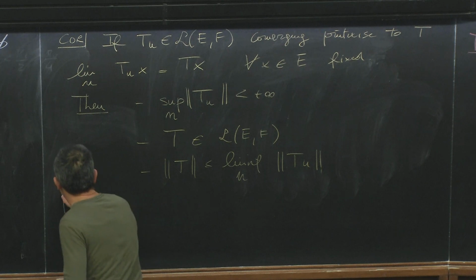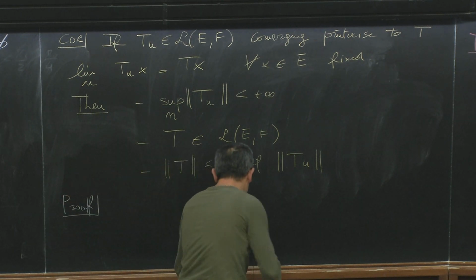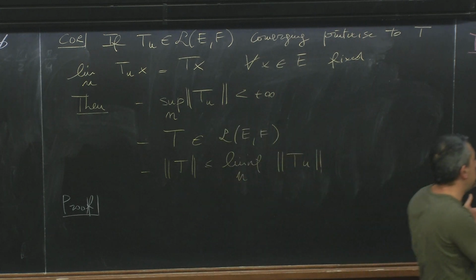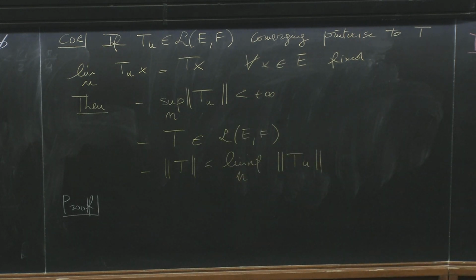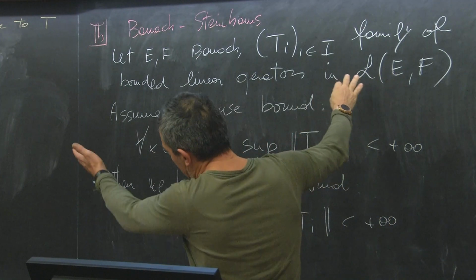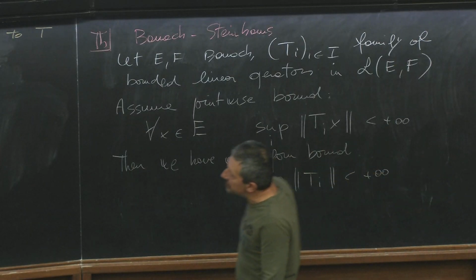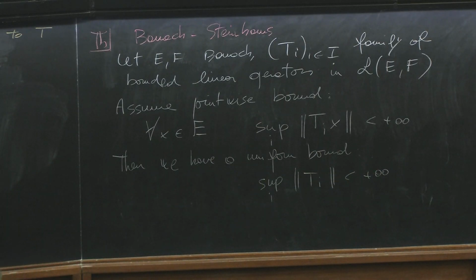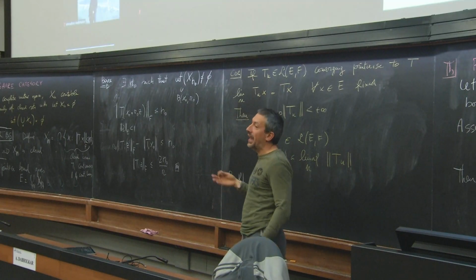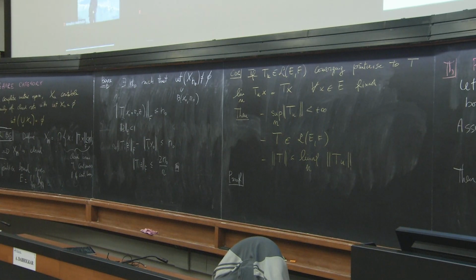Proof, there is not much to be done here because it's exactly this theorem plus the definition of norm. So let's see. So let's say Banach-Steinhaus, okay, it is a family of bounded linear operators, certainly, and it is pointwise bounded simply because if the limit exists, it should be bounded in R. Okay, so I deduce immediately that the norm is uniformly bounded.